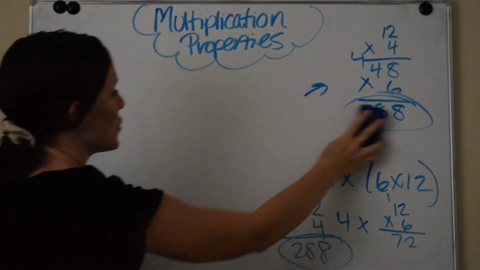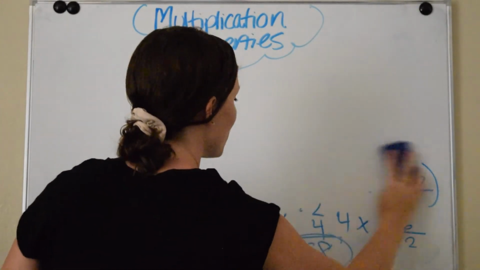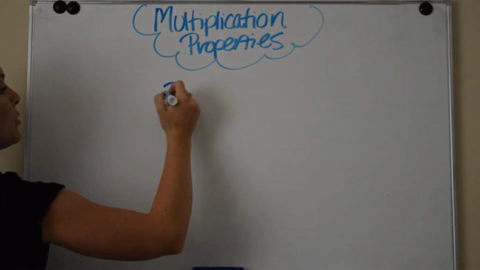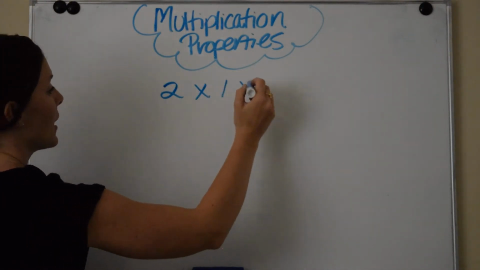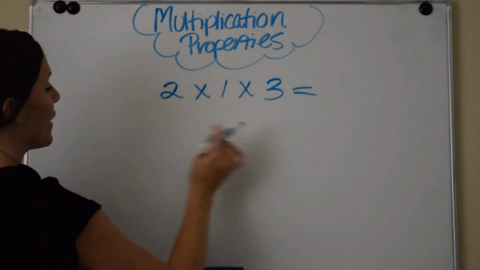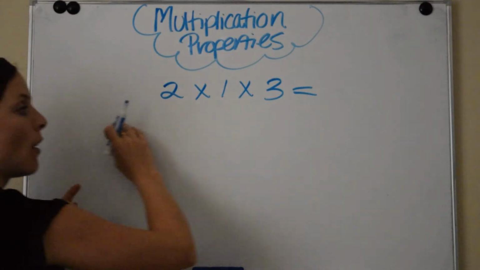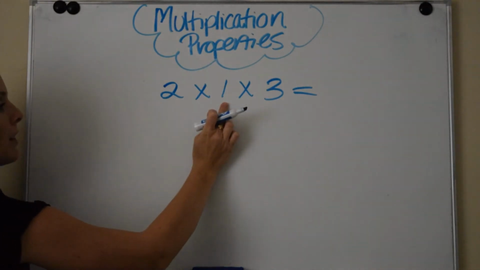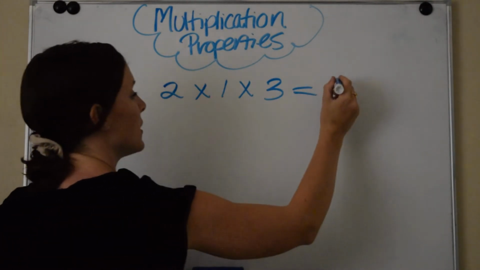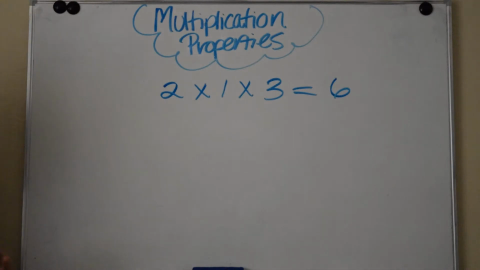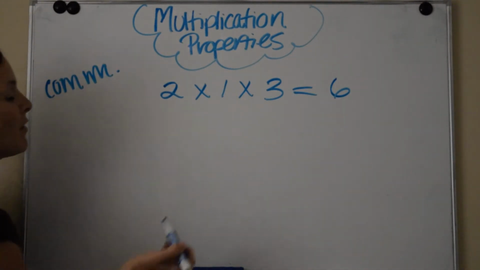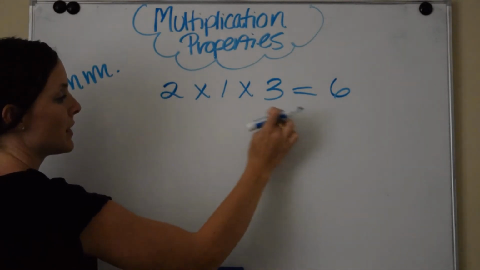Now I'm going to show you the commutative property. The commutative property is all about the order. So let's say I had 2 times 1 times 3. If I did this in order, following a specific pattern, I have to go from left to right. 2 times 1 is 2, and 2 times 3 is 6. I should still get the same answer based on the commutative property if I switch the order using the same 3 digits.